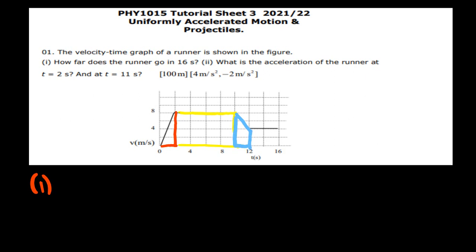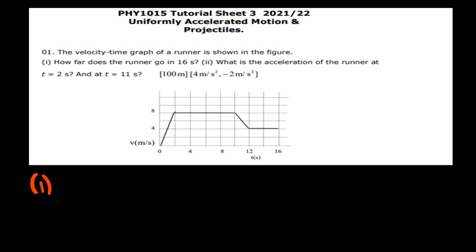Then the last one is this. Then we find the formulas for all these shapes. So we have a triangle, a rectangle, a trapezium, and a square.